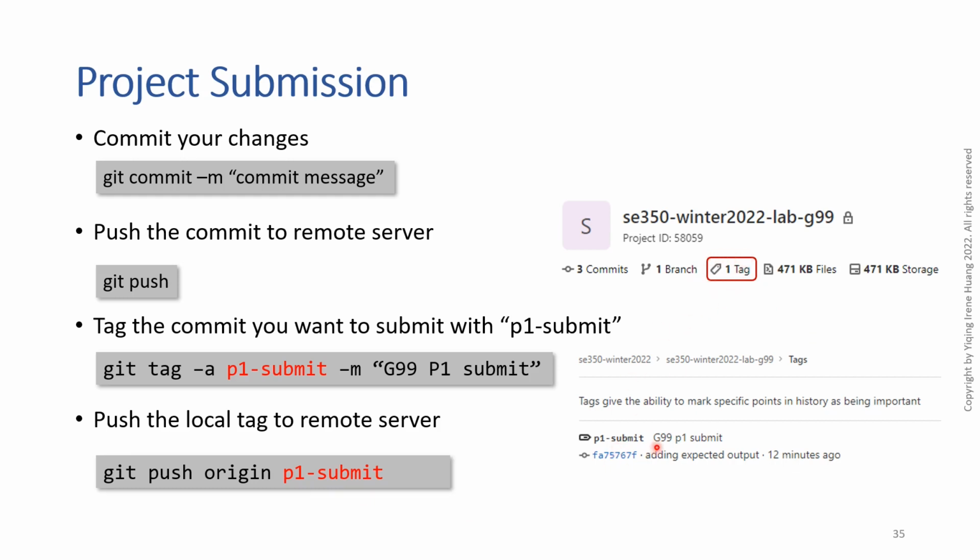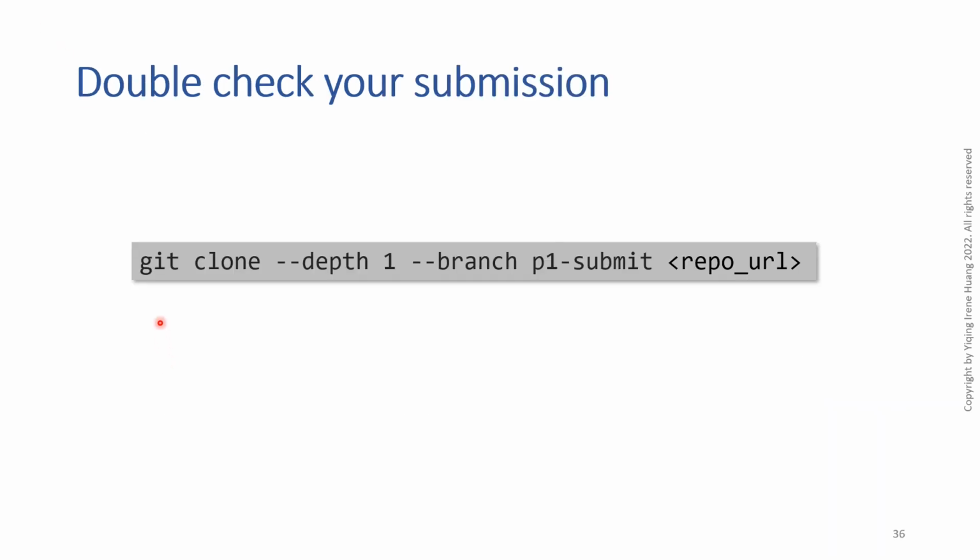Then you click it, and you can see the tag is here, and that's the comment I made when I created the tag. You should always double check the submission was correct. During the demo, we will ask you to use this command to pull the submission from the Git repository.